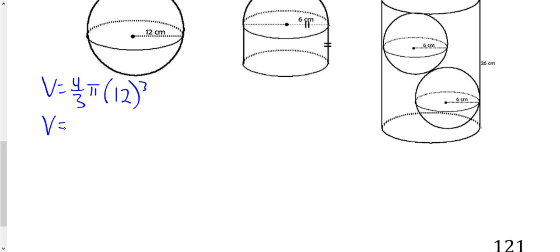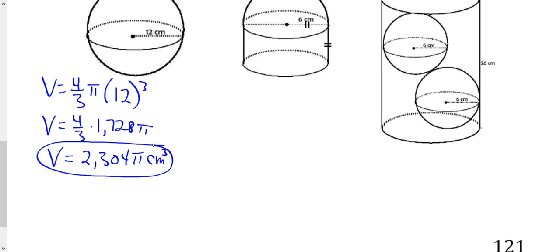So volume equals 4/3 times 1728 pi. You can just divide that by 3 and multiply by 4, or multiply by 4, then divide by 3, whatever blows your hair back. You get 2304 pi cubic centimeters. All right.